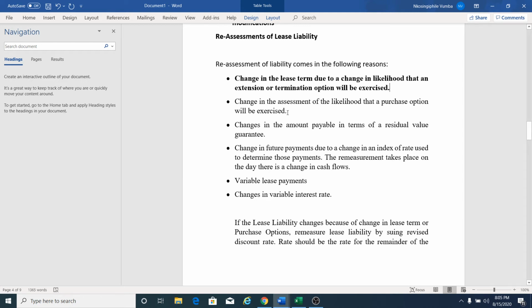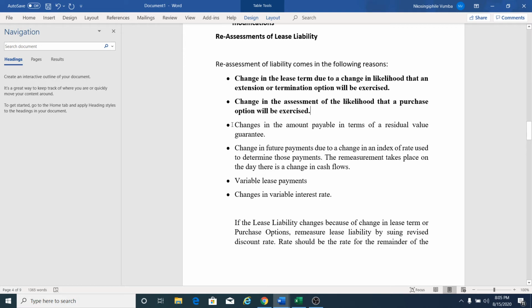Okay, that's number one. Number two, the change in the likelihood that a purchase option will be exercised. Okay, so you know that when you estimate the lease term, you include the options where you are expecting to purchase an asset, which means it can also form part of change in the lease term.